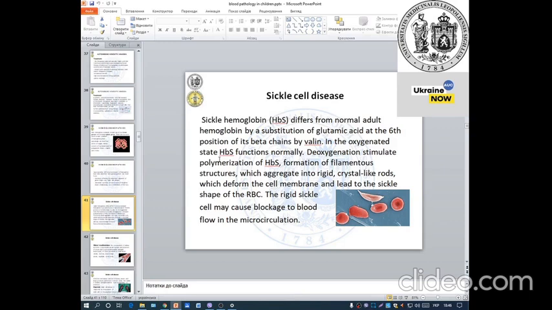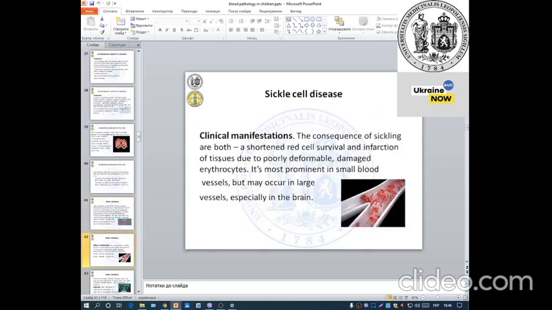The rigid sickle cells may cause blockage of blood flow in the microcirculation. The consequences of cycling are both a shortened red blood cell survival and infarction of tissues.